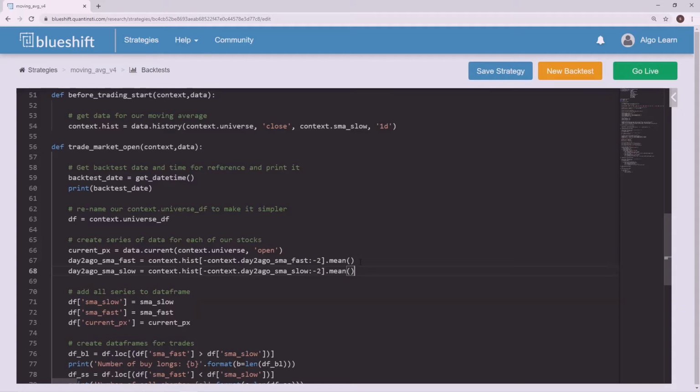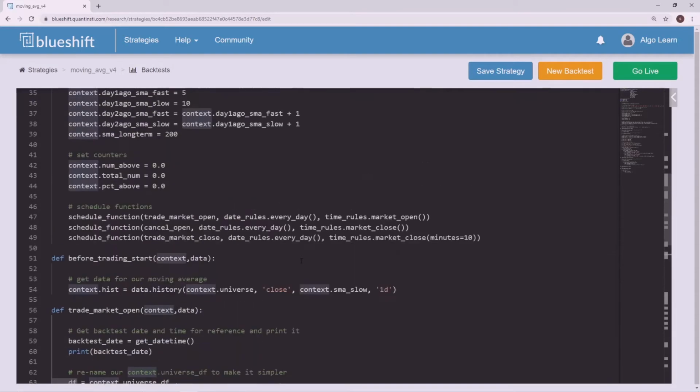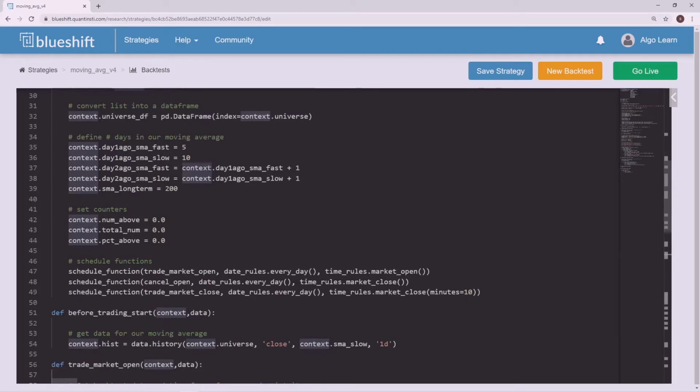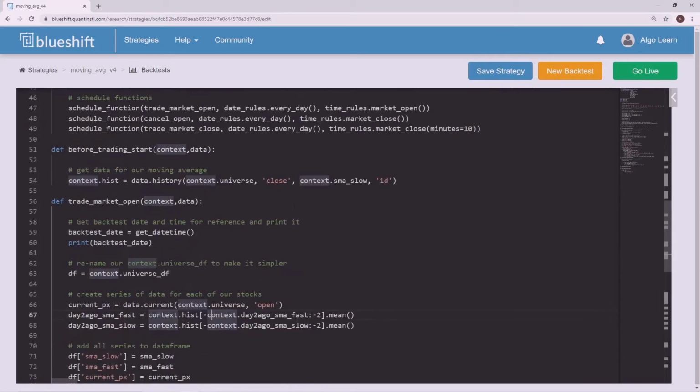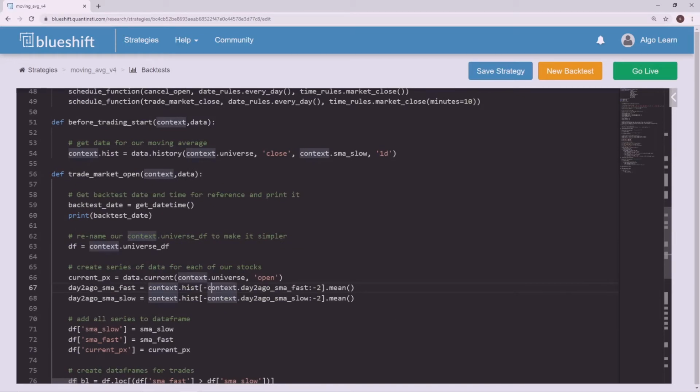All right, so what do we know? Let's go back up here to context dot day 2 ago underscore SMA underscore fast. We know that from the math up here, it's 5 plus 1 equals 6. So we know that we have basically -6 colon -2.